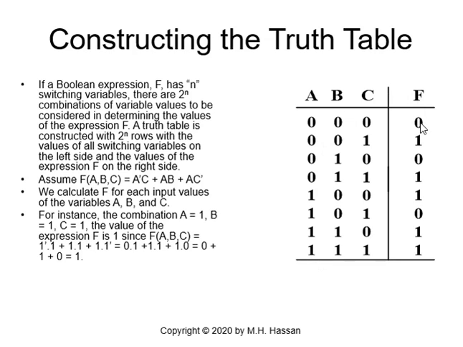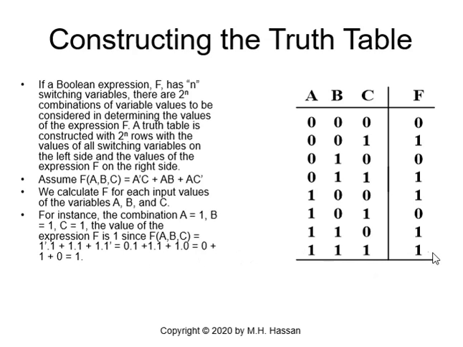How do we evaluate the value of f? We go through every row and we apply those values to the function f. So, for instance, when the variable a is 1, b is 1, and c is 1, the value of f will be 1 prime and 1, or 1 and 1, or 1 and 1 prime, which is 0 and 1, 1 and 1, or 1 and 0, which is 0 or 1 or 0, which equals 1.